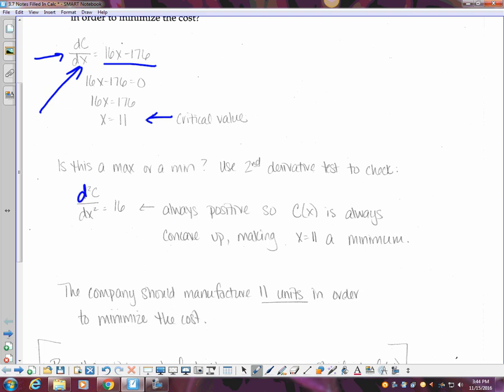So again, that's d squared c over dx squared. And that just gives me a positive 16, which means that the second derivative is always positive, so it's always concave up, making my critical value a minimum, because if it's concave up, then that's going to be a minimum.